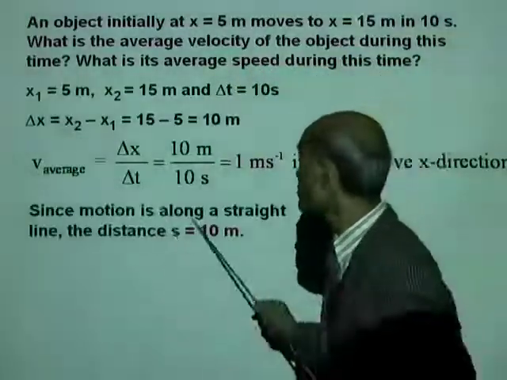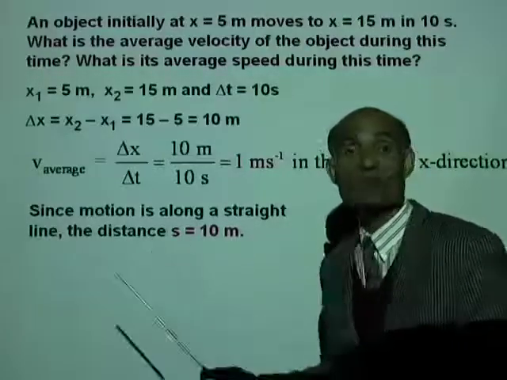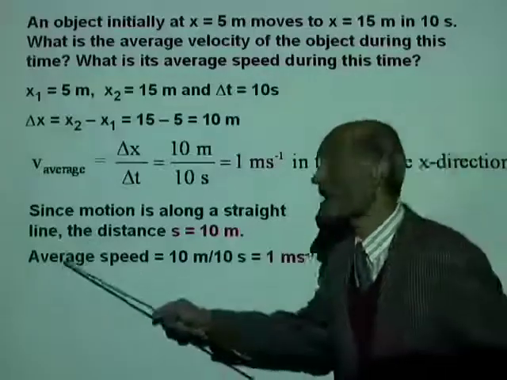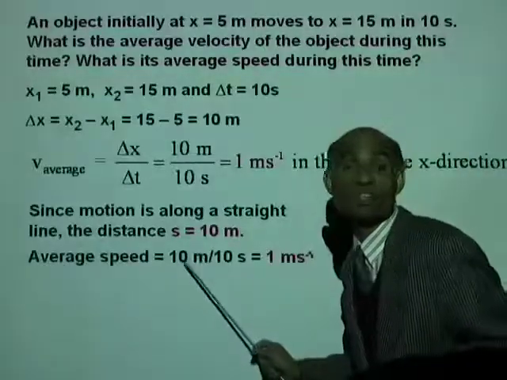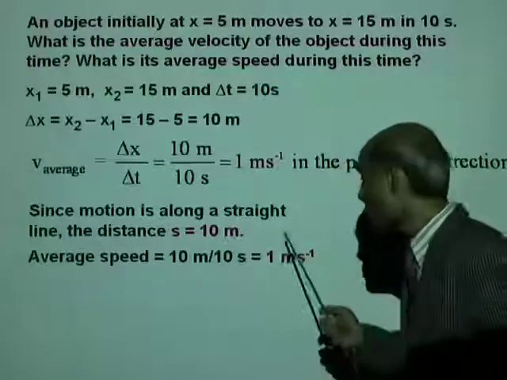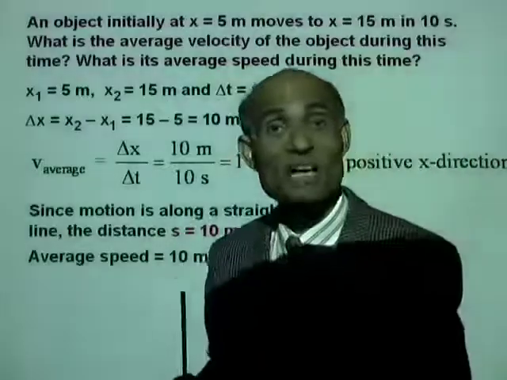Now, since the motion is along a straight line, the distance covered s also equal to 10 meter. That means the average speed is distance covered divided by the time taken, which is also 1 meter per second. But what's the difference here?